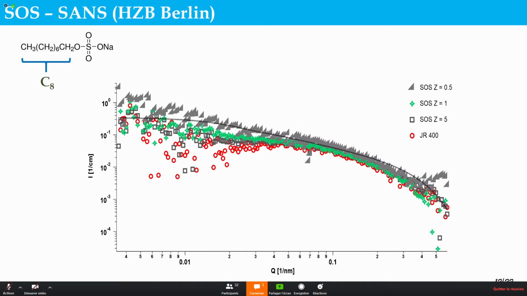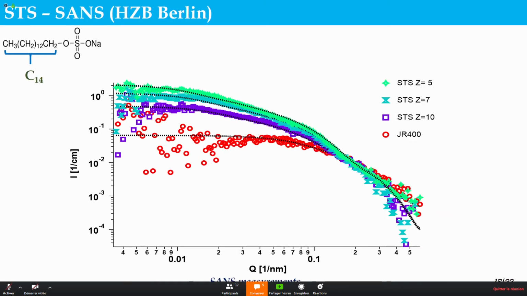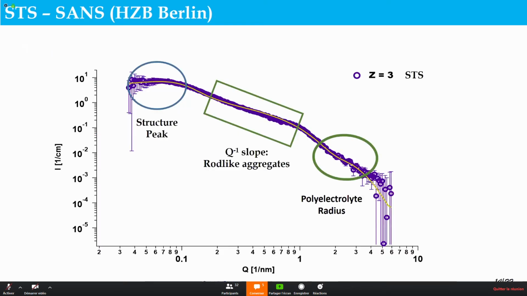But when we work with STS, the situation is different, because now, as you can see, when we have the surfactant in our solutions, the curve is totally different from that of the pure JR400 solution. So at this point, we are at zeta 3, where zeta 3 means that we are in solutions close to the phase boundary.